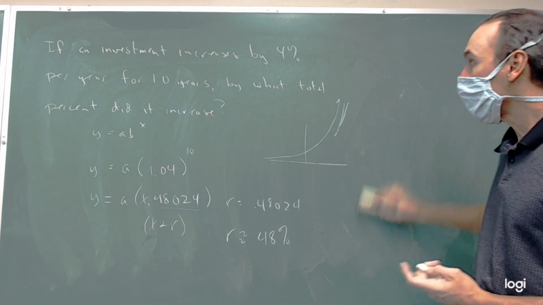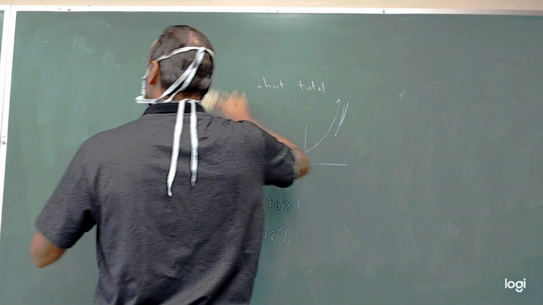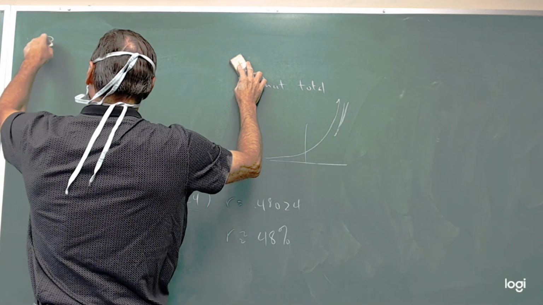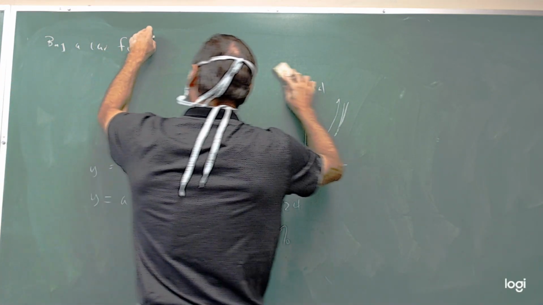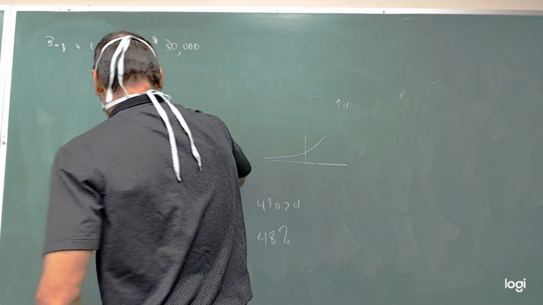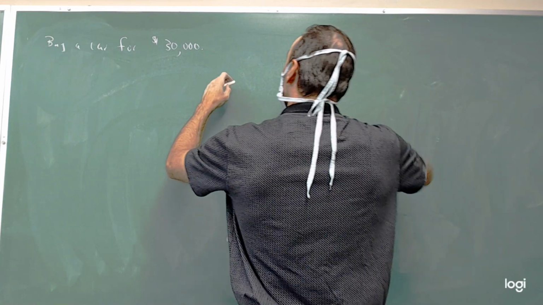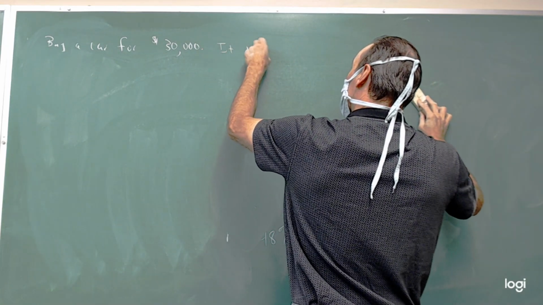Okay, let's turn around the other way and make it a decrease, and see what we get. So you buy a car for $30,000. You'll say it depreciates.